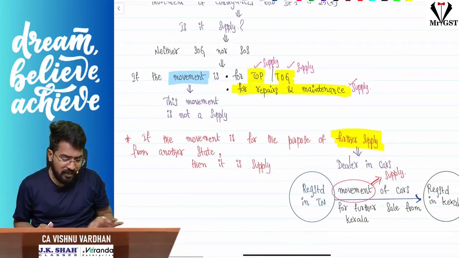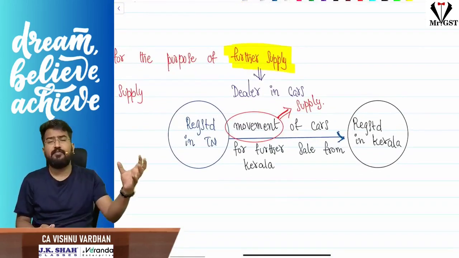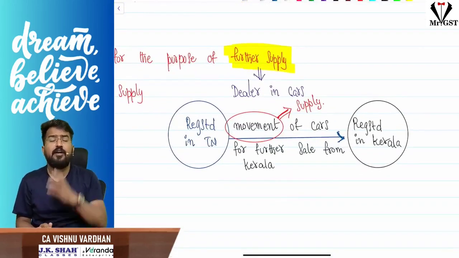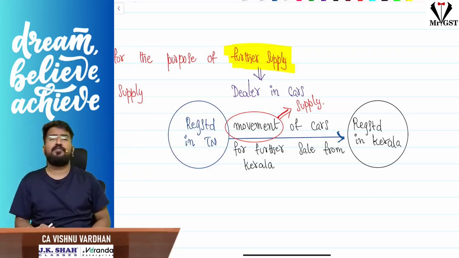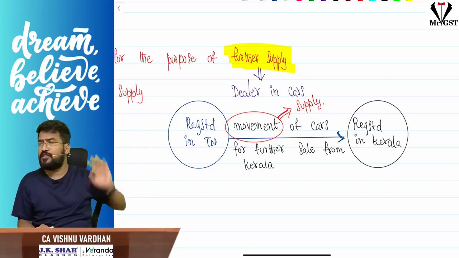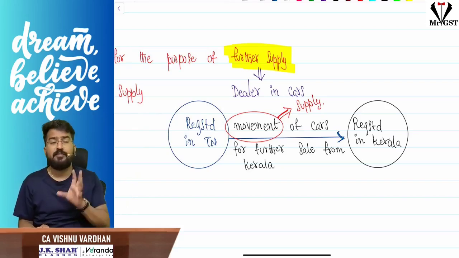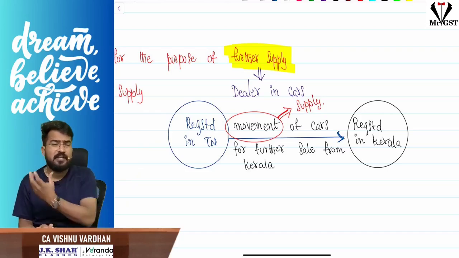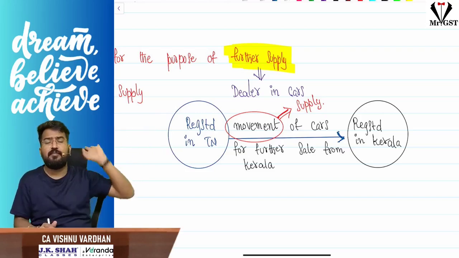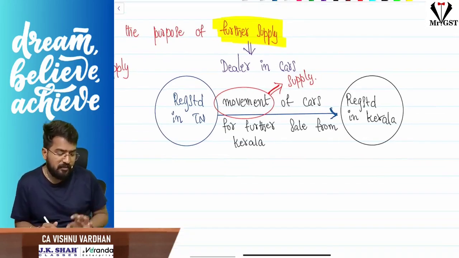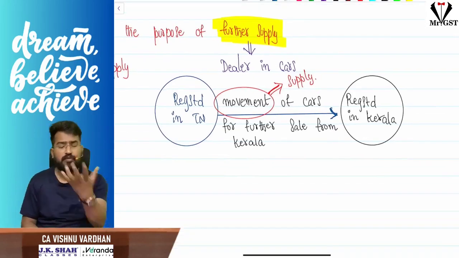Sir, no sir, if I am taking, for example, a bus or lorry or a car from one distinct person to another distinct person to sell that car or bus from that other distinct person's location or state, then that is supply. That means the movement is not for transporting goods or passengers or repairs and maintenance. The movement is for the purpose of further supply of such conveyance from that particular distinct person. So I give an example here, sir: I am registered in Tamil Nadu and also in Kerala.